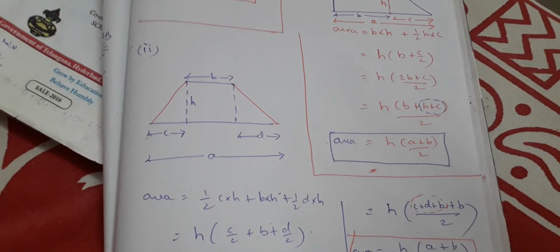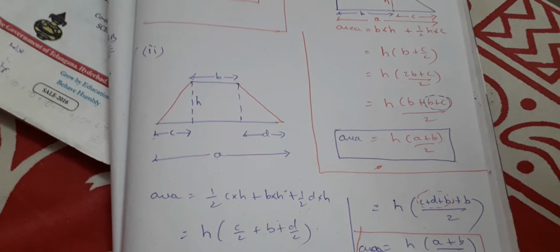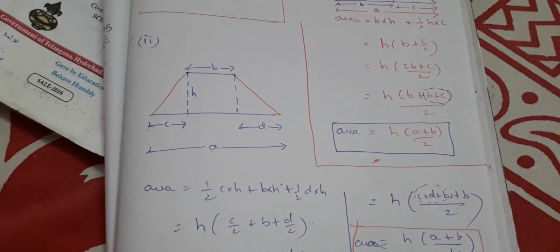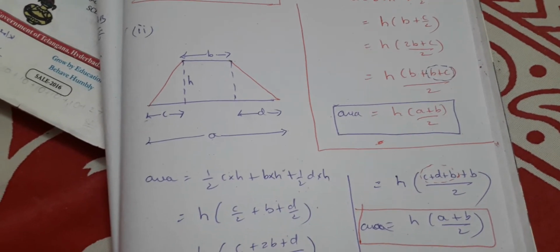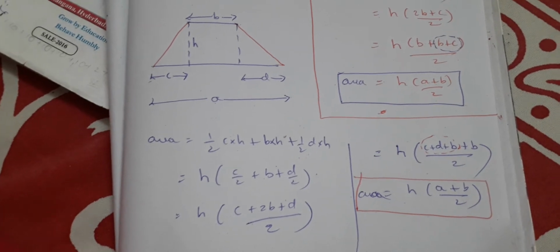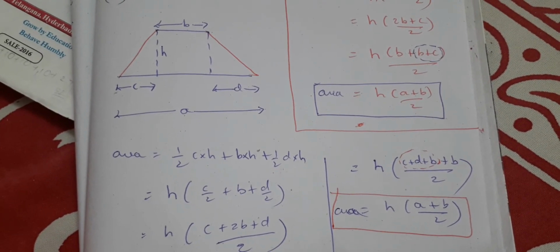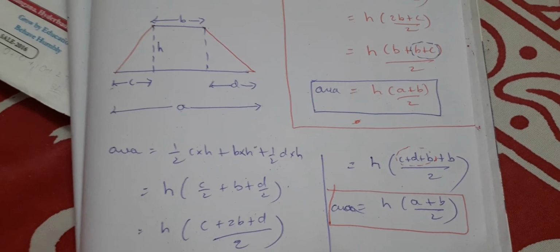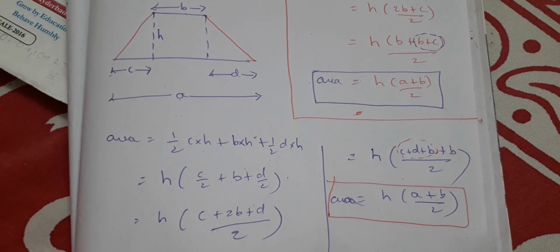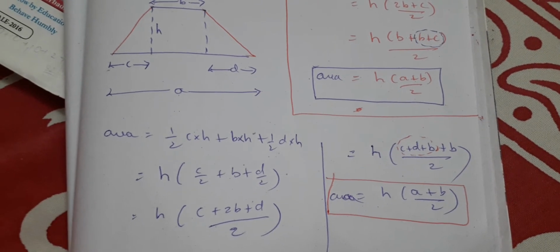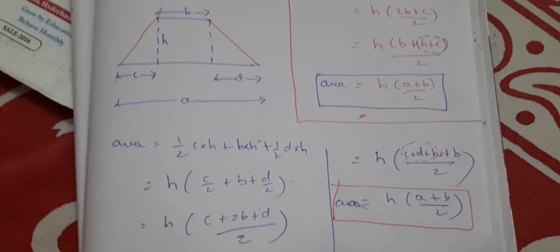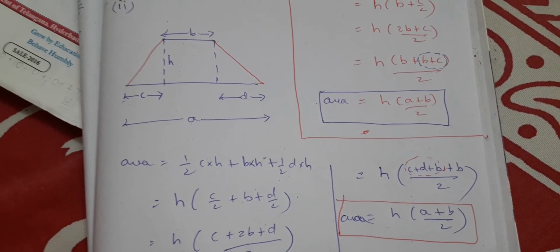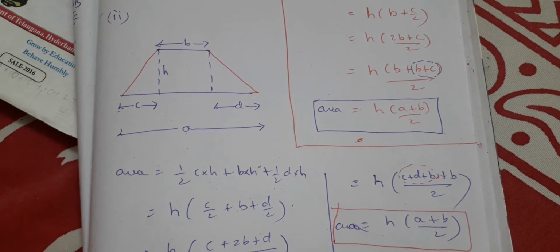So for today, I'll give you homework, the example problems. You solve the example problems which are given in your textbook and see whether you are able to apply the actual formula to the given problem. You need to identify which sides are parallel and which are not parallel, what the height is, and how to divide the diagram if needed, or else directly if it is given you can find it out.